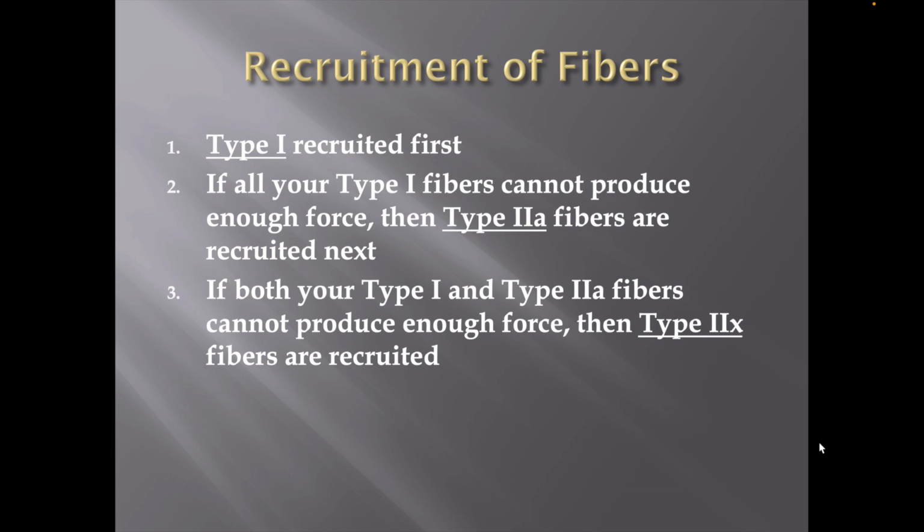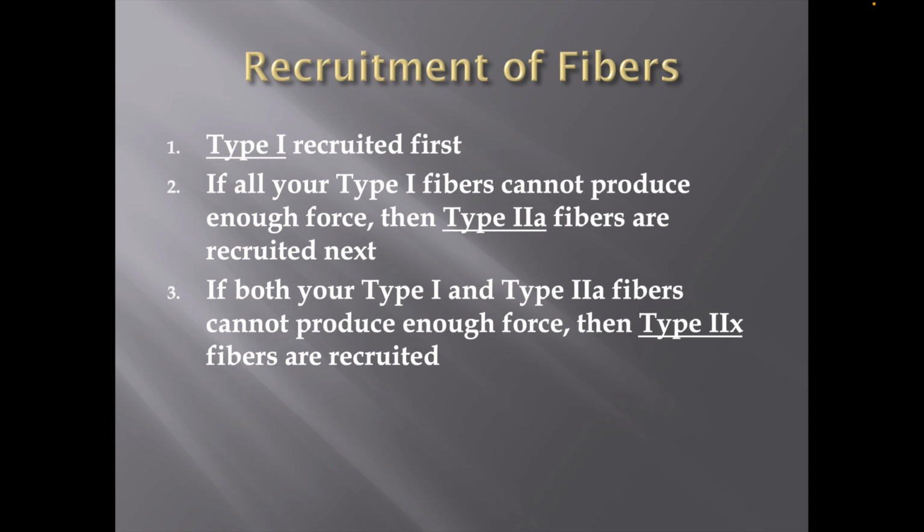When the person puts the bar on their back there, okay, and starts to perform reps of squat, the only muscle fibers that are going to be recruited initially are going to be the type 1 muscle fibers, okay? Because your body, again, wants to recruit the very fewest amount of muscle fibers to lift the weight. However, this is a very heavy weight, and the type 1 muscle fibers are not able to create enough force to lift that 500 pounds.